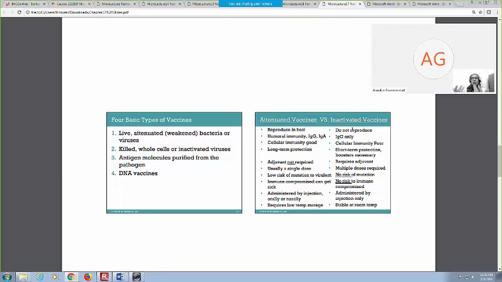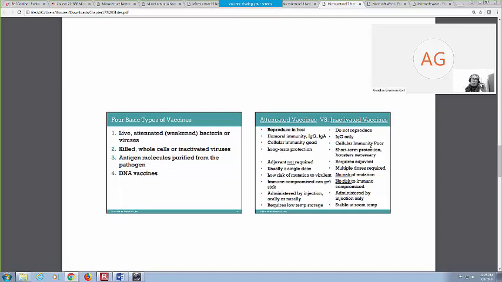And so when we do introduce it into a person, it can give IgG immunity, so memory cells that produce IgG very specific to the antigens on that particular pathogen. Unfortunately, it's not good at eliciting mucosal immunity, so no IgA is produced, and no memory cells that produce IgA.